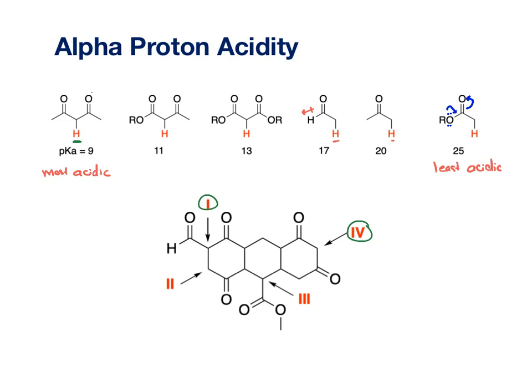Now, if we just want to break those two down, you can see that 1 has an aldehyde, 4 is just basically two ketones. Well, we know that aldehydes are more acidic than ketones. So we can go ahead and say this alpha proton is the most acidic.